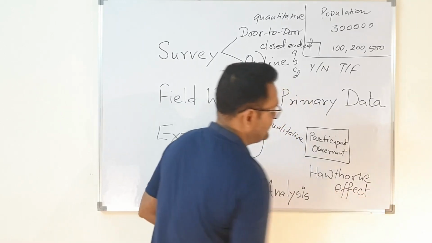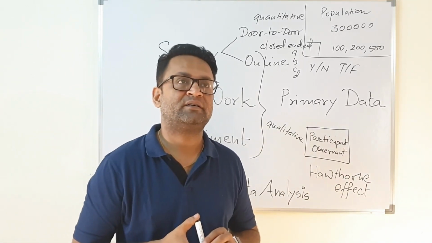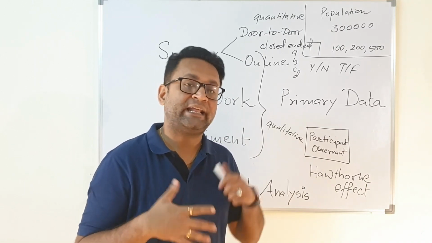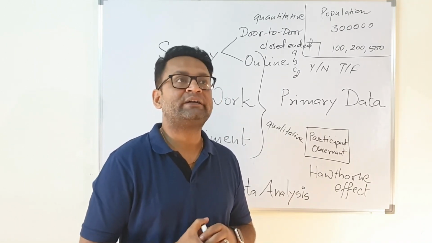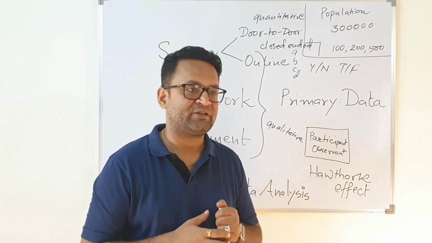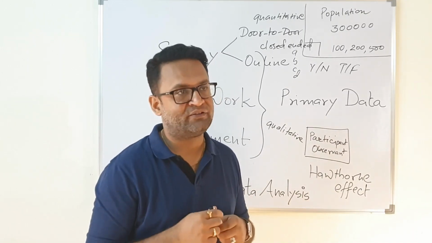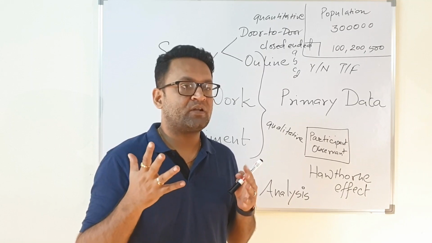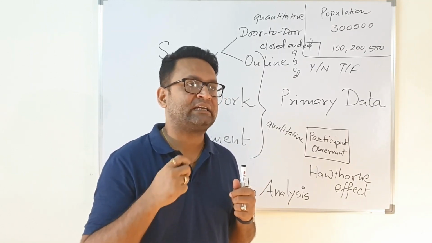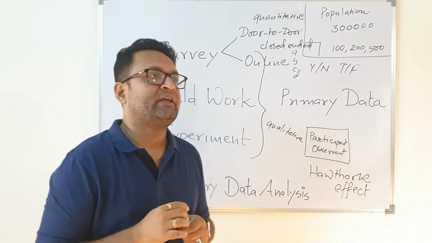The participant may not behave as per your requirement, or may not tell you exactly the truth, or may not tell you the correct information, or may have certain kinds of apprehensions and therefore not disclose certain information, or may be under some kind of performance pressure, and because of that he or she may try to fill in certain things in a very different way.